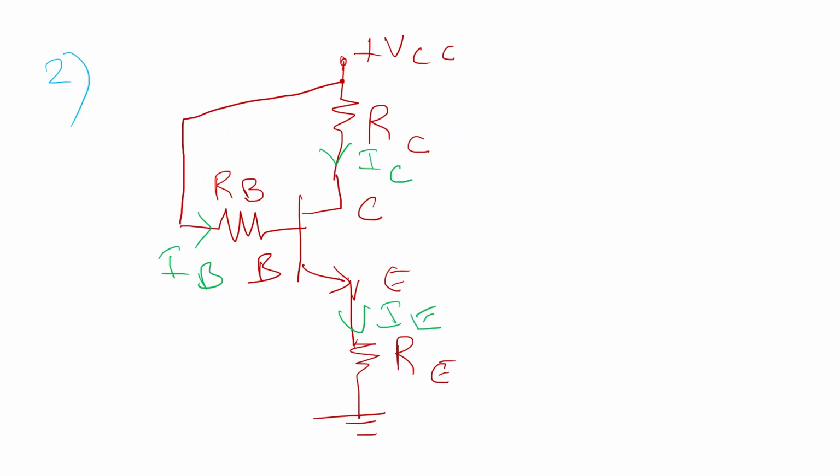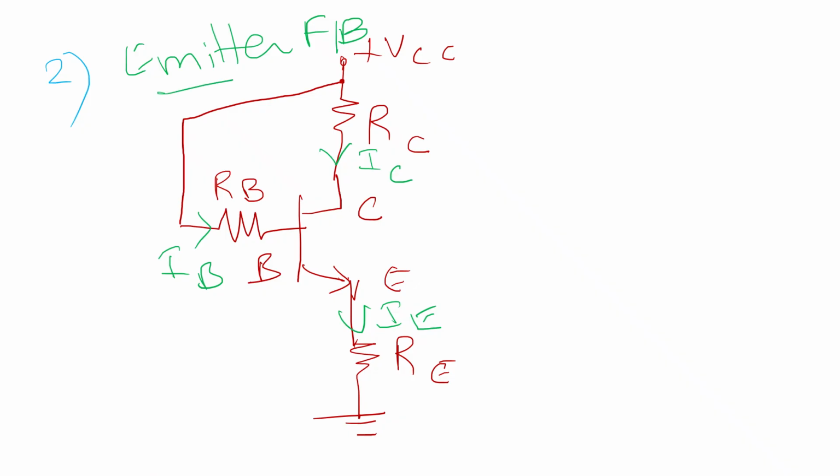Now let us try to find the value of IB, IC, or IE. This type of biasing is emitter feedback bias.